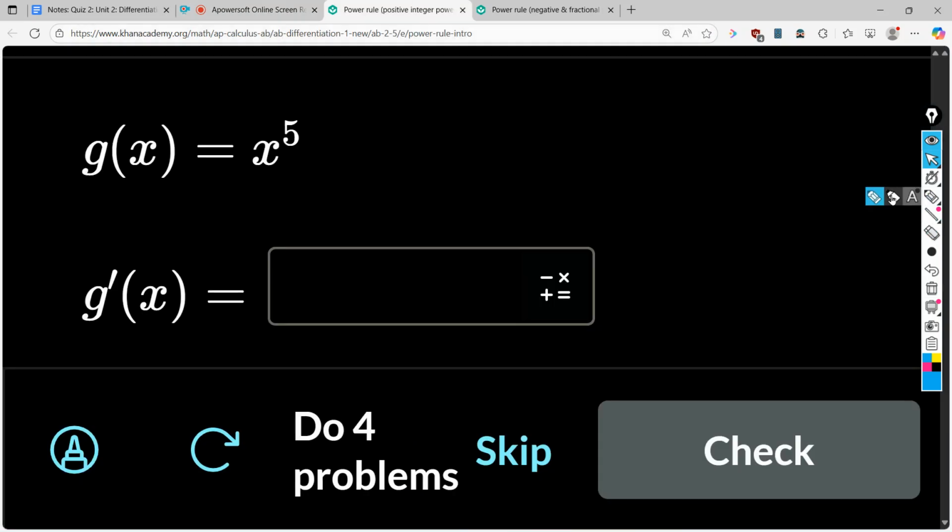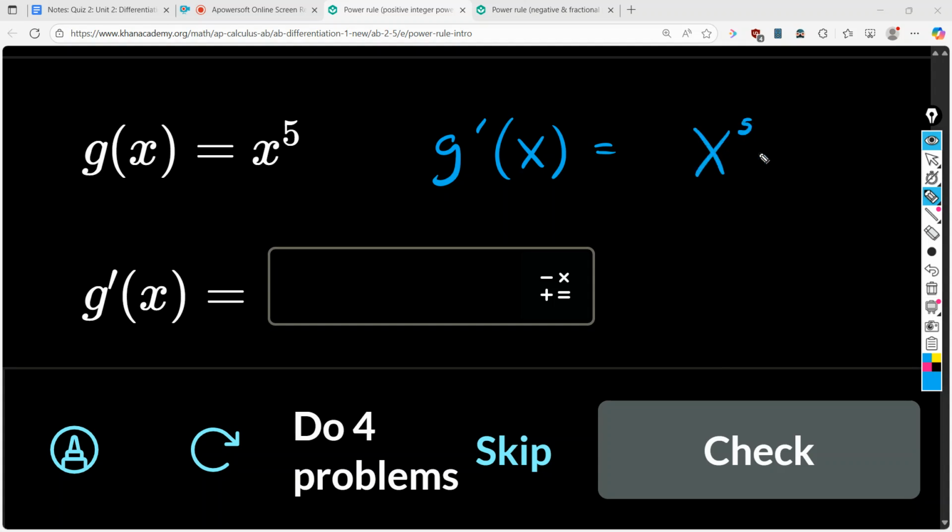All right, here g of x equals x to the 5th. They want us to find g prime of x. Pretty simple. We have x to the 5th, and we take that exponent and move it out front, so that's going to be 5 times x, and the exponent gets decreased by 1.